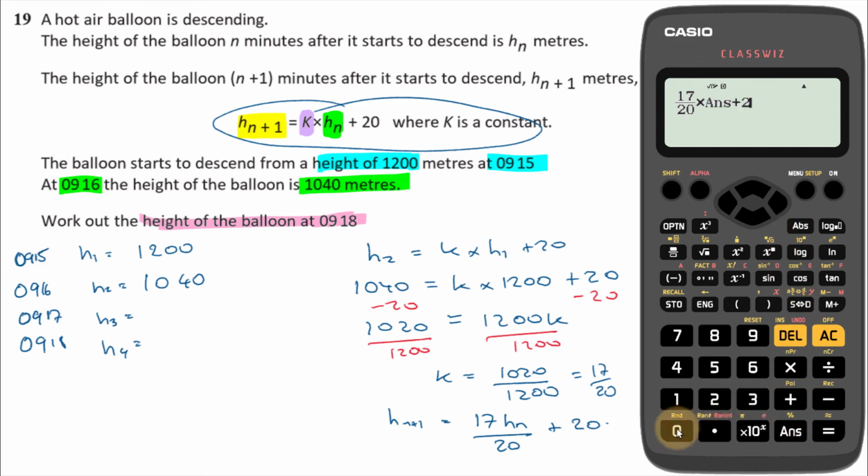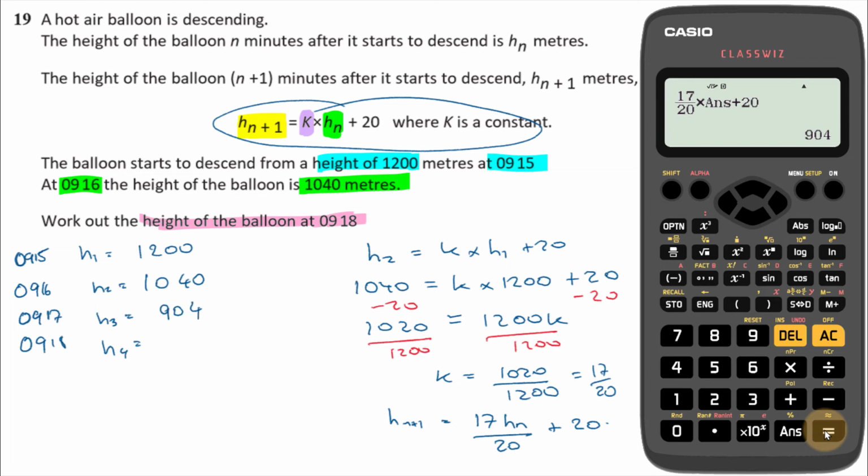Basically I've got 17/20ths of my last calculated value plus 20, and my last calculated value was 1200, which was h1. So if I press equals, it should give me 1040, which is h2, which it does. Then if I press it again, I should get 904.